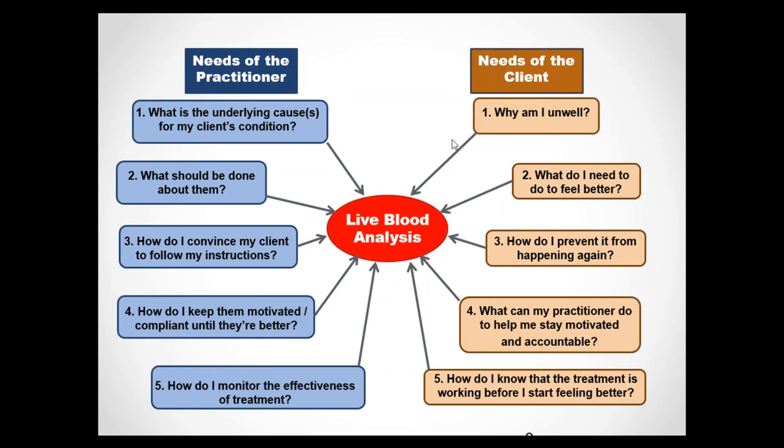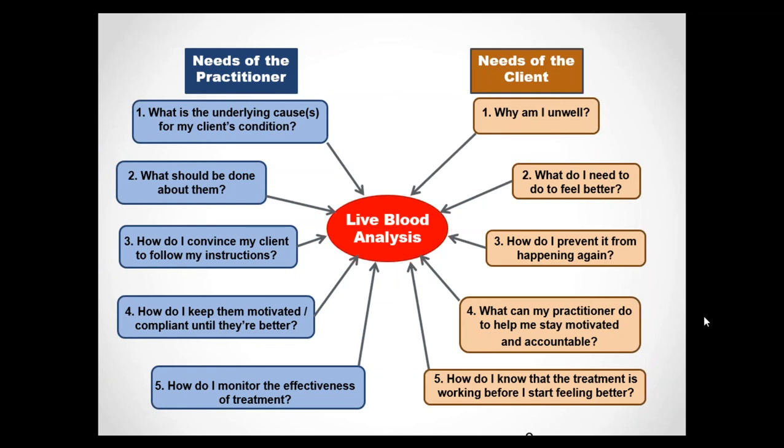Please continue. All right, so let's just have a look at a few other important benefits of live blood analysis. We touched on a lot of these already in the description that we've just covered. But one of the very important benefits of live blood analysis is that it helps the practitioner to confirm and better detect imbalances and health issues.